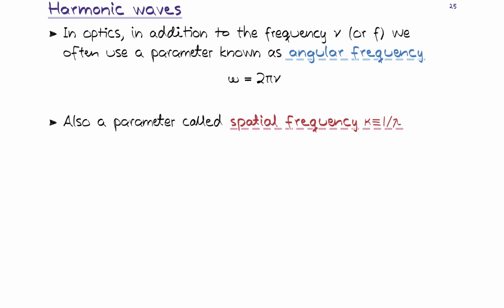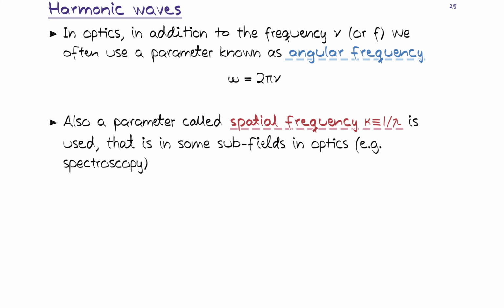And in some fields, subfields in optics, if I remember correctly, in spectroscopy, this spatial frequency is sometimes also known as the wave number. So please be warned that depending slightly on the context, the terminology might be a little bit ambiguous, and the wave number might have a slightly different meaning than we are using in our course.